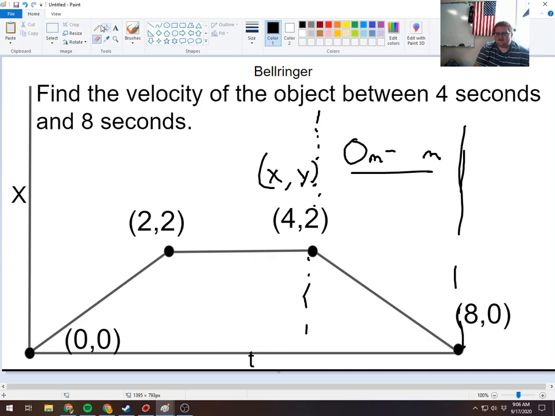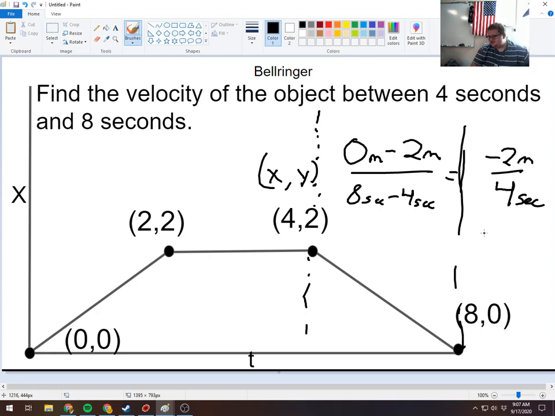This is how we learn, by making mistakes. All right, sorry. So 0 meters minus 2 meters divided by the times, 8 seconds minus 4 seconds. 0 minus 2 is negative 2, divided by 8 minus 4 which is 4. So negative 2 divided by 4 seconds is negative 0.5, or negative 1/2 meters per second. That's our answer.